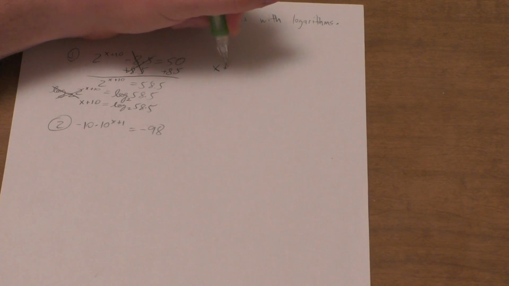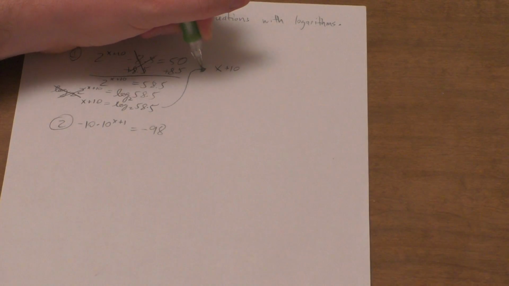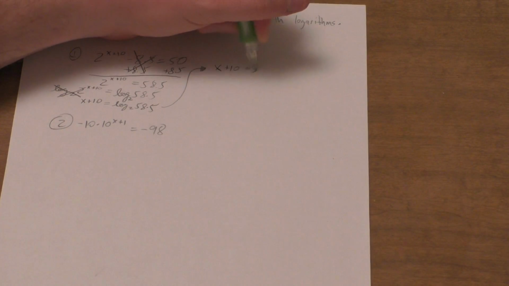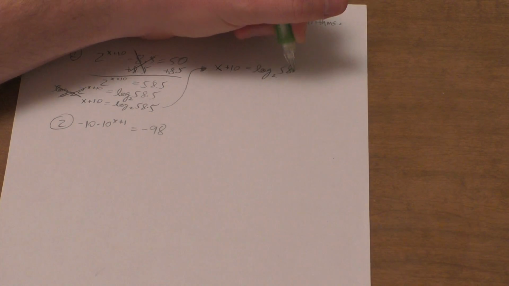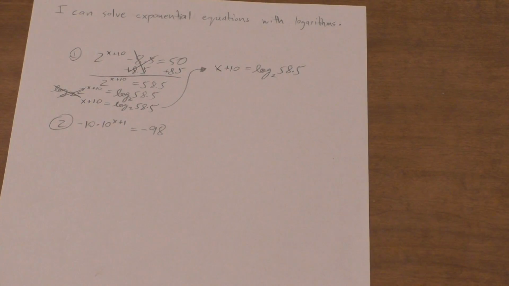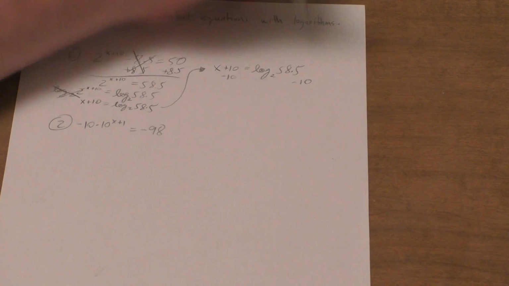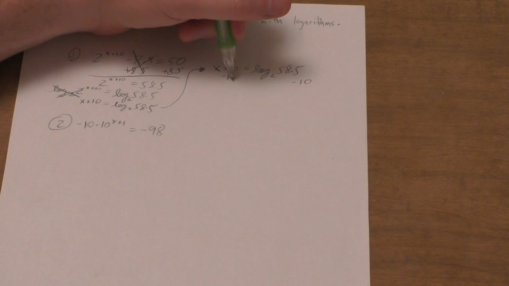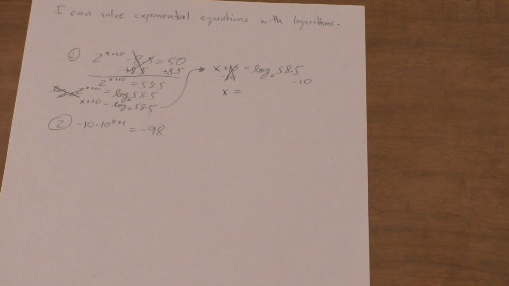All we have to do now is solve for x. So that means I'm going to subtract 10 on both sides. And so this 10 over here cancels, and I'm left with x.